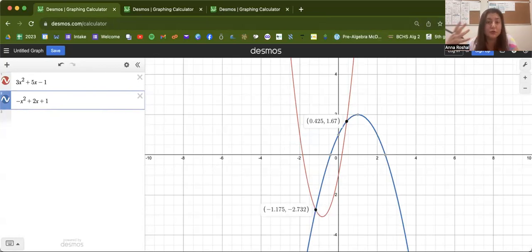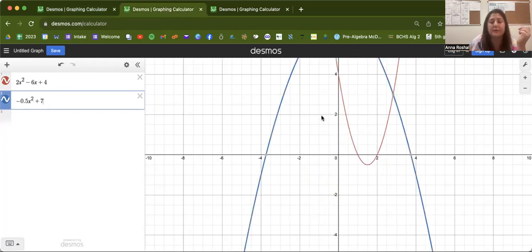When I'm looking to solve a system of equations, I'm just looking for where my two lines meet, whether they're curved lines like these parabolas or linear functions, totally fine. So all you would do is graph those two and then round to the nearest 10th, and you should be fine. So this would be negative 1.2, comma, negative 2.7. This would be 0.4, comma, 1.7.